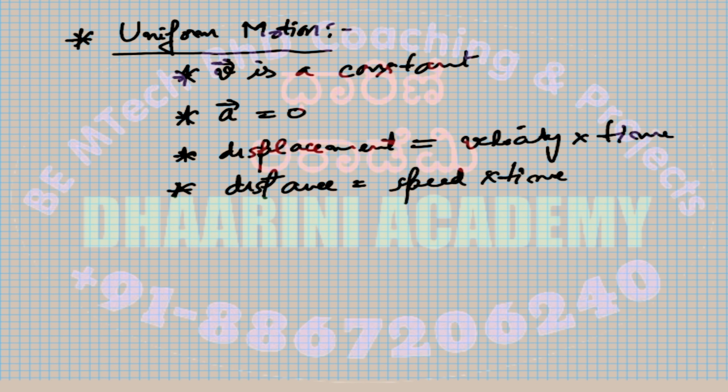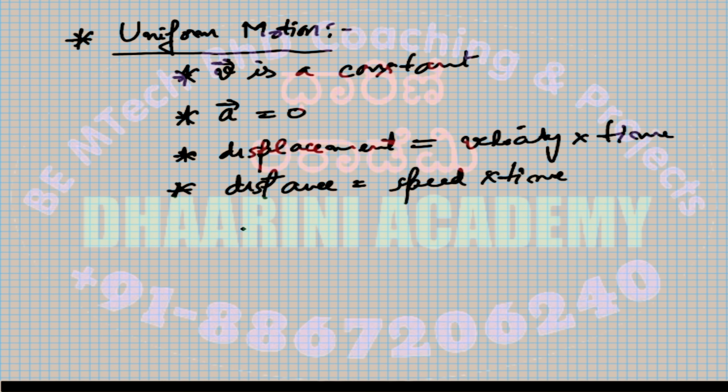Okay. In case of uniform motion, we can have the distance, comma, the speed, are always positive. It will never become negative, right?